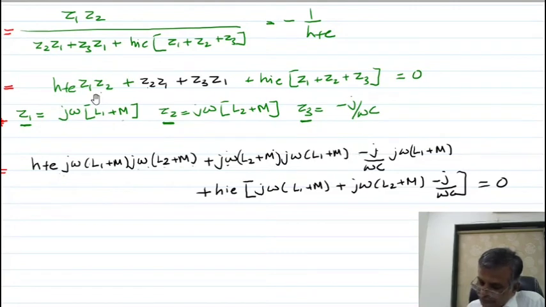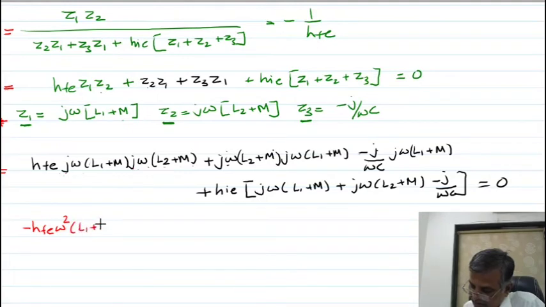Look here now. This is your j into j square. j square is minus 1. So it is minus hfe into ω²(L1 + M)(L1 + M), (L1 + M) into (L2 + M).